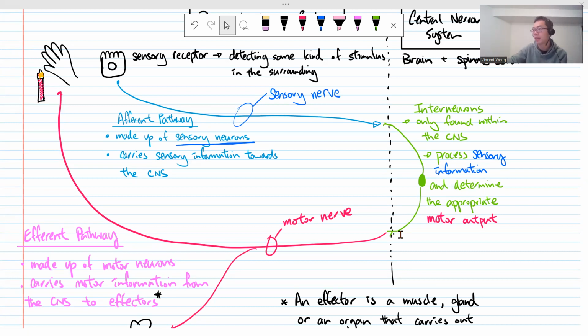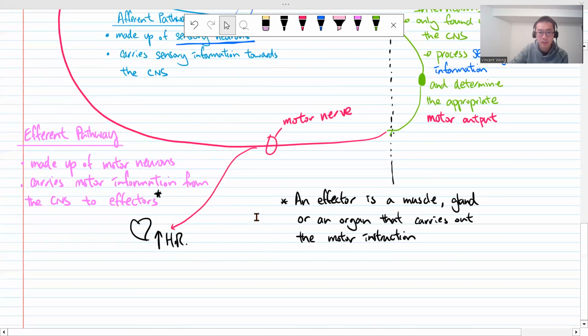I have a question. Yeah, go ahead. Can the neuron send a message to the immune system for help, like when I cut my finger?